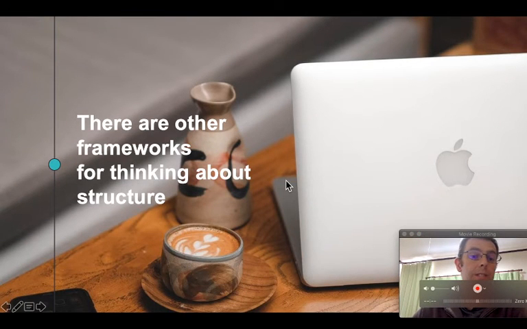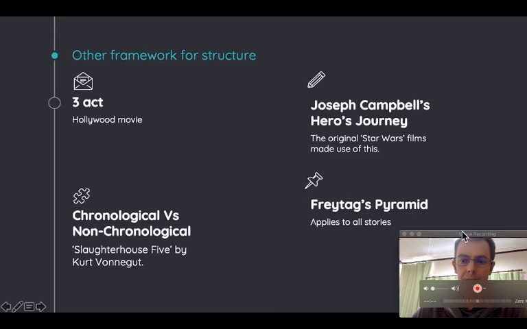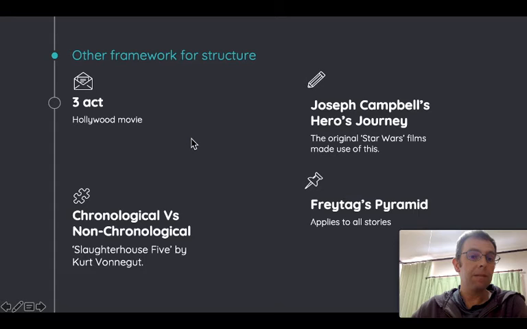All right, now of course there are other frameworks for thinking about structure. The framework we just looked at is only one of those. So some other examples of frameworks for examining structure are the 3-act structure. That's a common one for Hollywood movies, where the first 15 minutes of the film is going to be some exposition and some hooks to get us interested in the story and really quickly introduce the main characters.